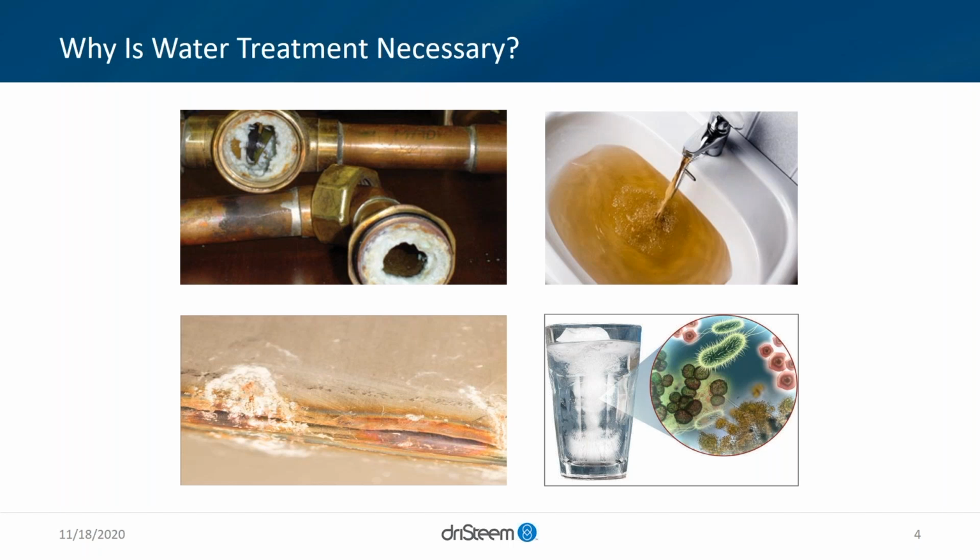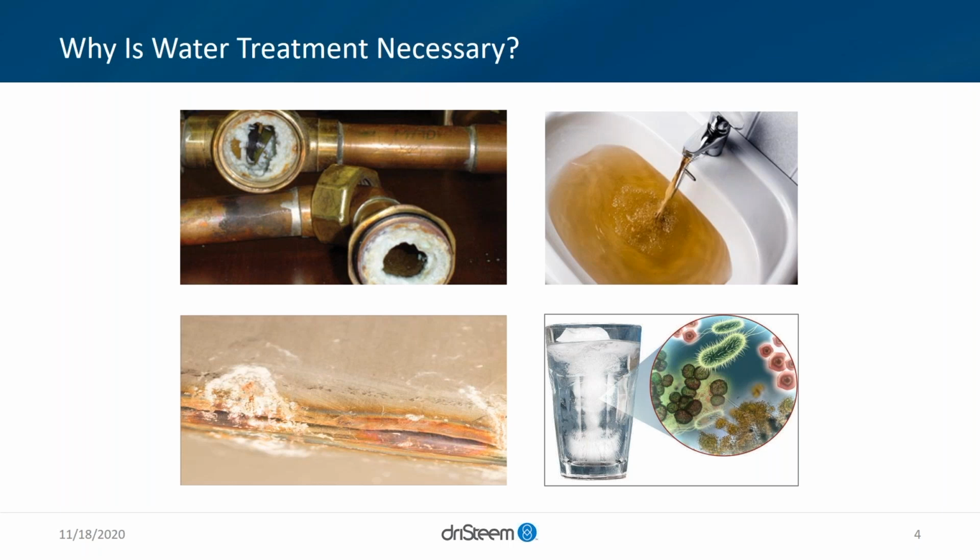But on the top right of the screen with the bathtub of dirty looking water, a good representation of potential contaminants, whether that's iron or a suspended solid like dirt, etc.